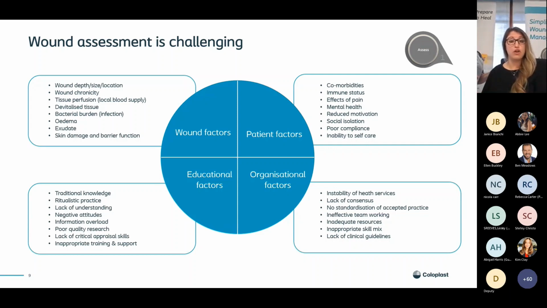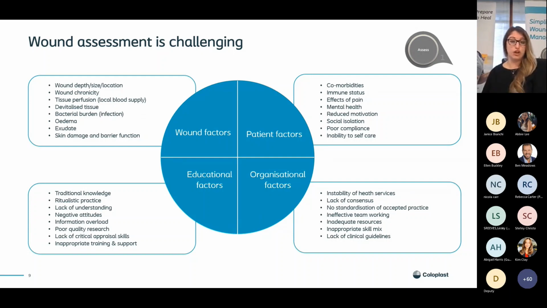We're a nurse-led team, and often our voices aren't always heard. So there can be a negative attitude towards wound care. And of course, the inappropriate training, or I would say maybe not inappropriate training, but a lack of training and support within the wound care field.